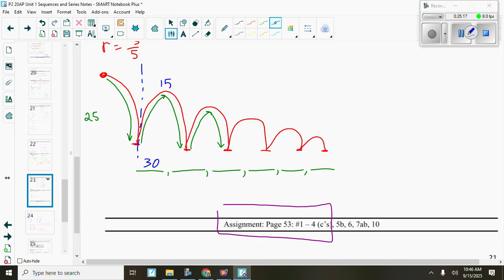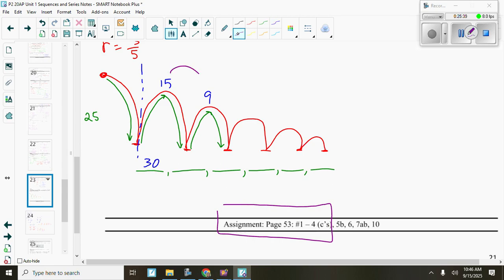Every time that we change heights, we're multiplying by 3/5. So then 15 times 3/5, this one's 9.